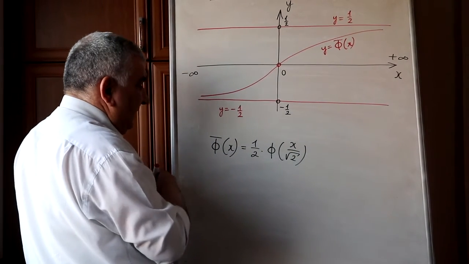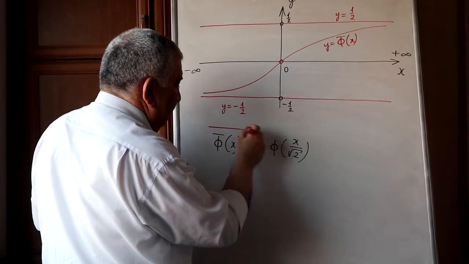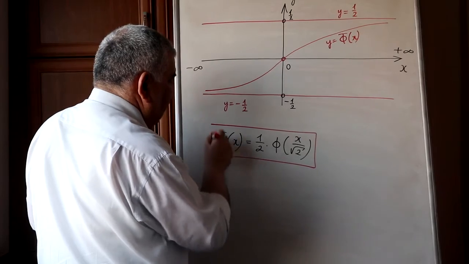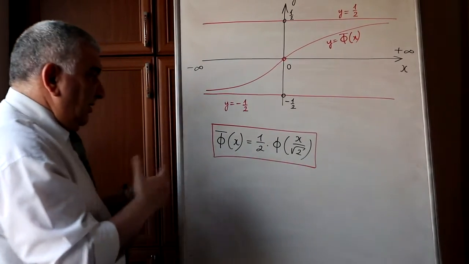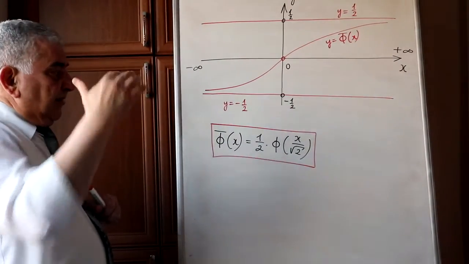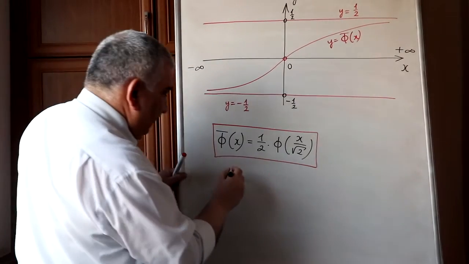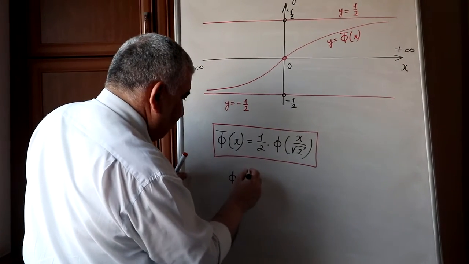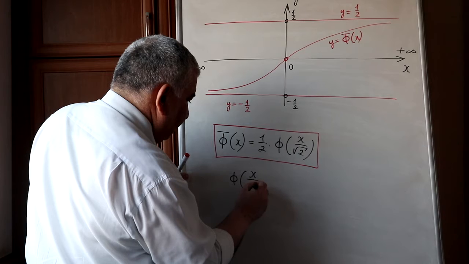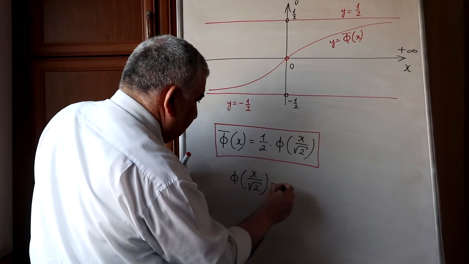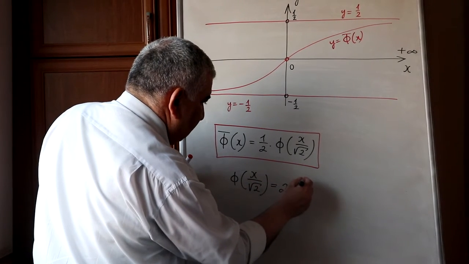It is the expressing of the Laplace function by means of the error integral. Now express the error integral by means of the Laplace function. From here we have phi of x over square root of 2 is equal to 2 multiplied by phi bar of x.